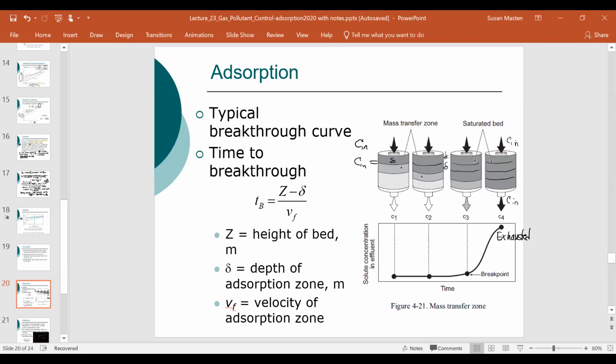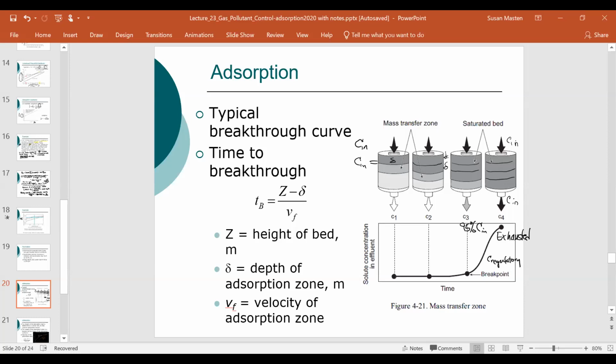And typically we refer to that as the point where the concentration in the effluent is 95% of the influent concentration. Now we can also have what we refer to as a breakthrough concentration. This could be a regulatory limit, or it could be an operational limit.